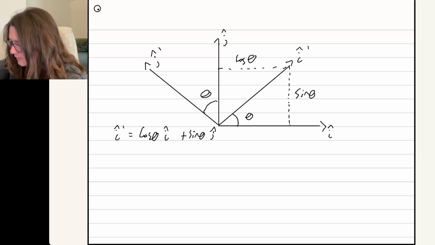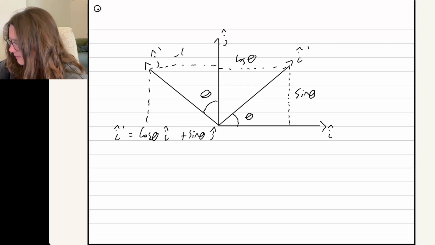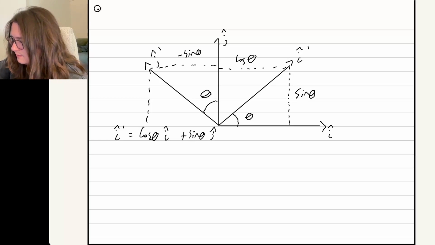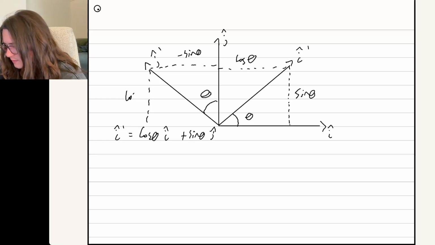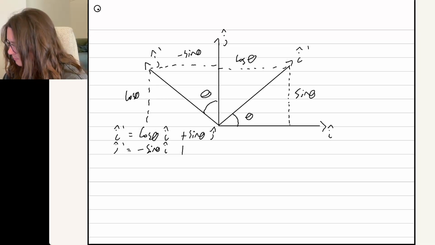Similarly, if we were to project the j hat vector onto the basis of i hat and j hat, this distance is minus sine theta, because it's opposite, and then this is cosine theta for sure. So that means that j hat prime is just minus sine theta i hat plus cosine theta j hat.